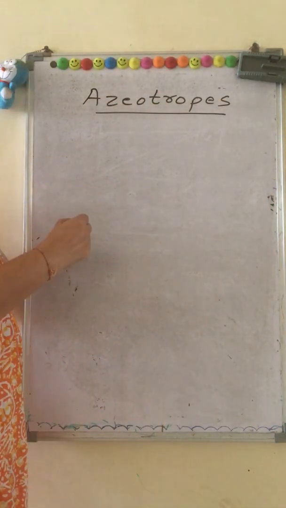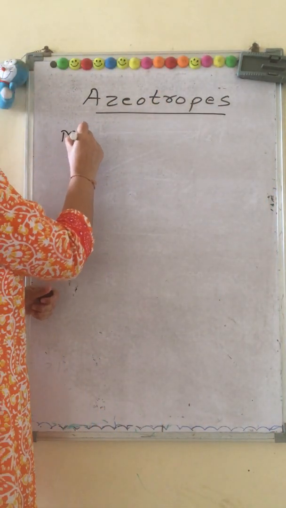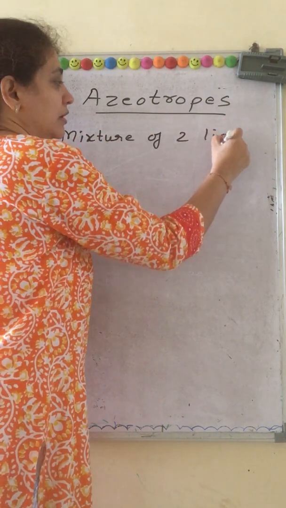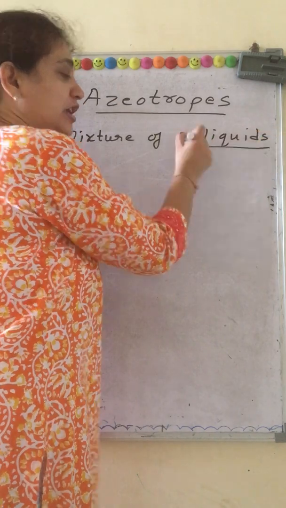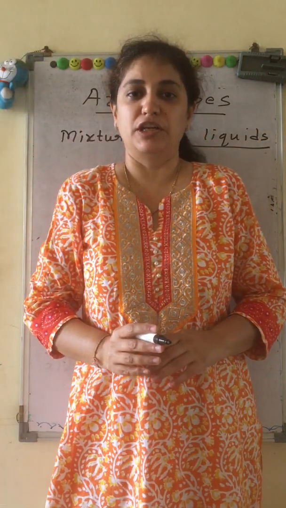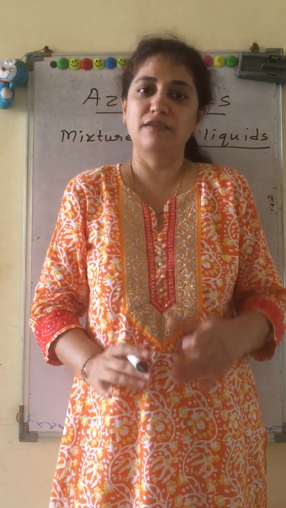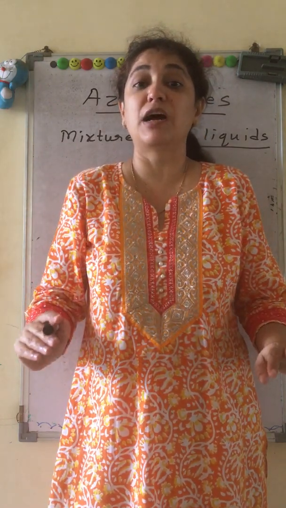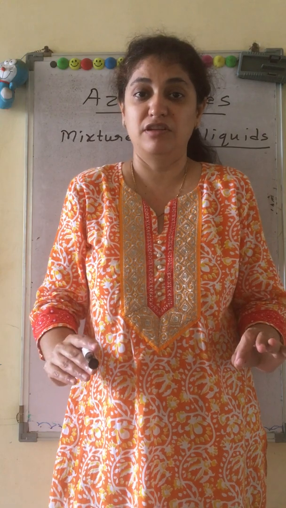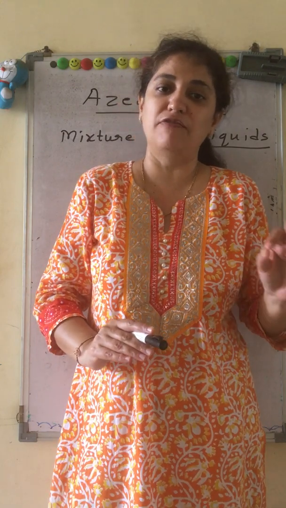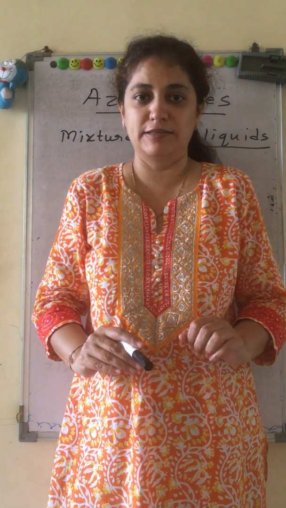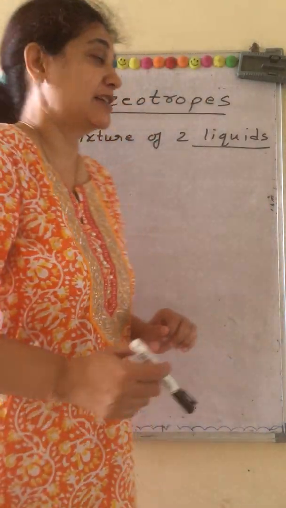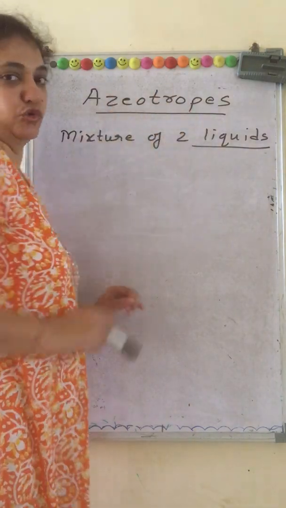Now the azeotropes will be a mixture of two liquids which have the same composition in solution phase and vapor phase. That is, they cannot be further separated by the fractional distillation method. They have uniform composition in vapor phase and solution phase. Such liquids boil at constant temperature, and such liquids are called azeotropes.